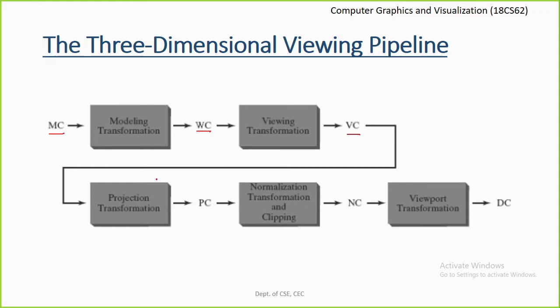That is done by applying the projection transformation. Whatever projection region we create, these viewing coordinates need to be converted to projection coordinates and then placed in this projection region.